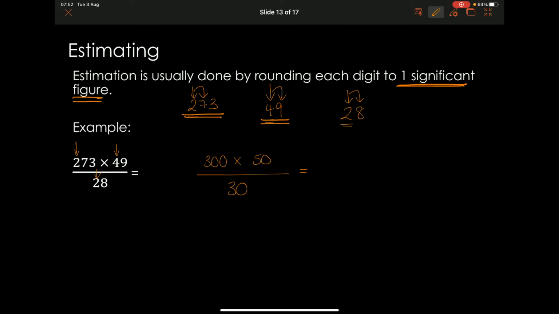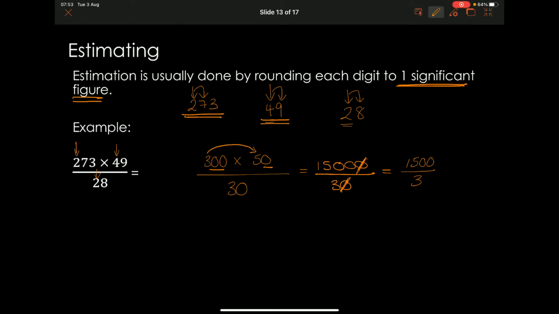Because you've now rounded to 1 significant figure, you can then do the calculation. So 300 times 50, well, you can do 3 times 5, which is 15, and then add on your 3 zeros. And all of that is divided by 30. To make it easier, I'm just going to take off those 2 zeros, 1 off the bottom, 1 off the top, giving us 1,500 divided by 3.